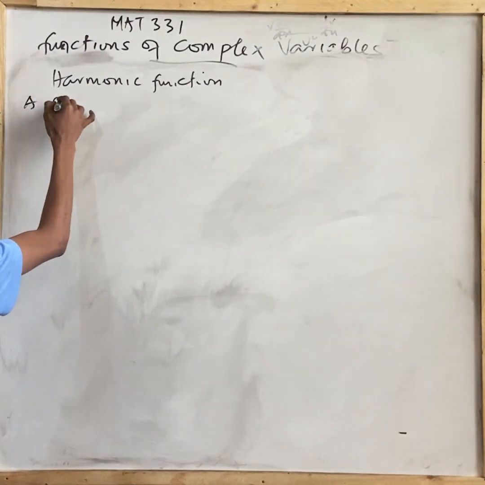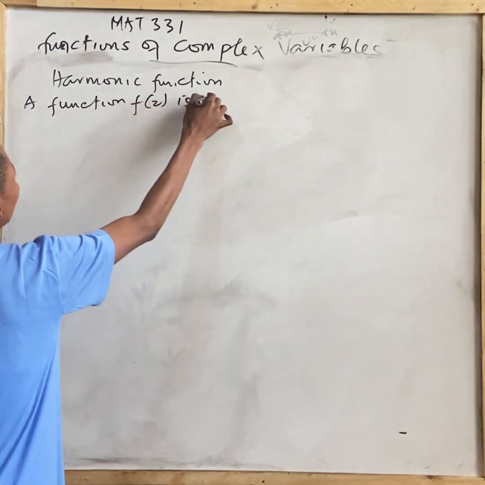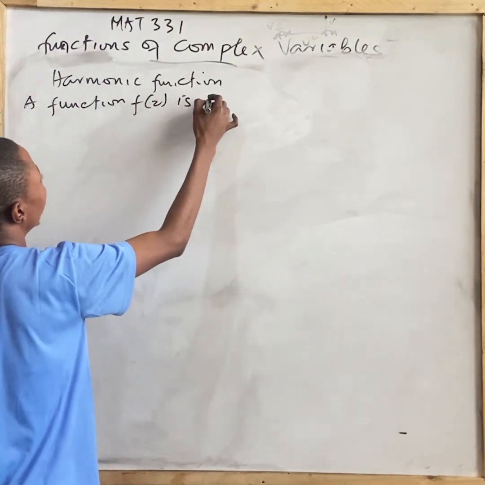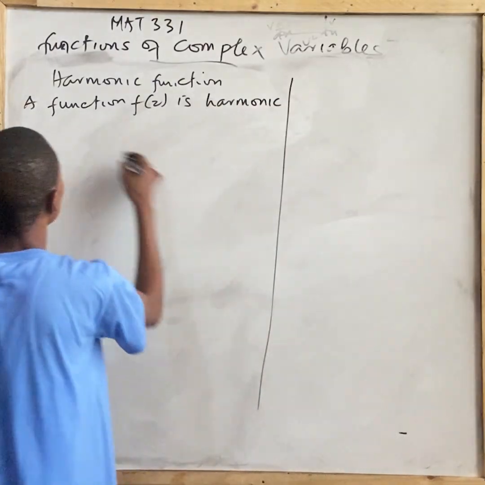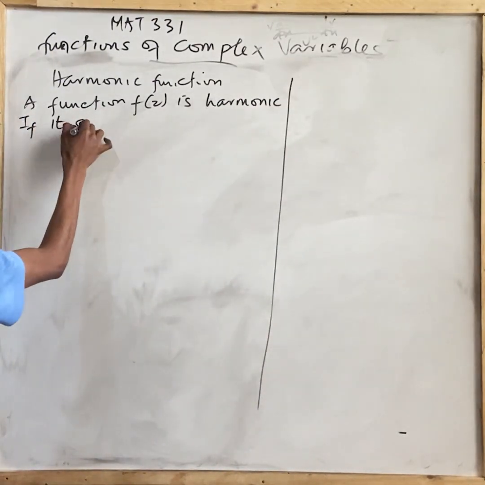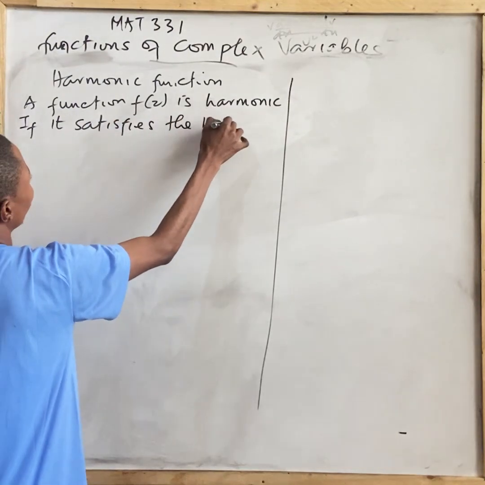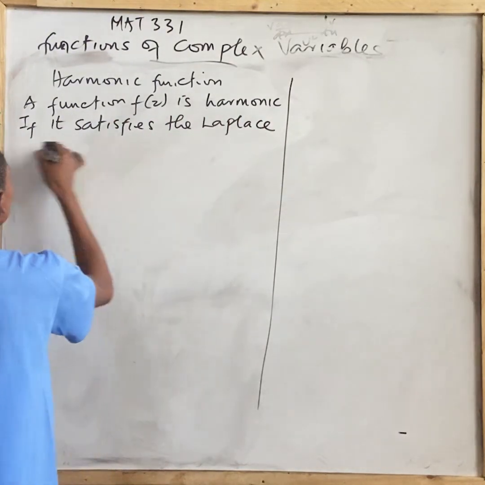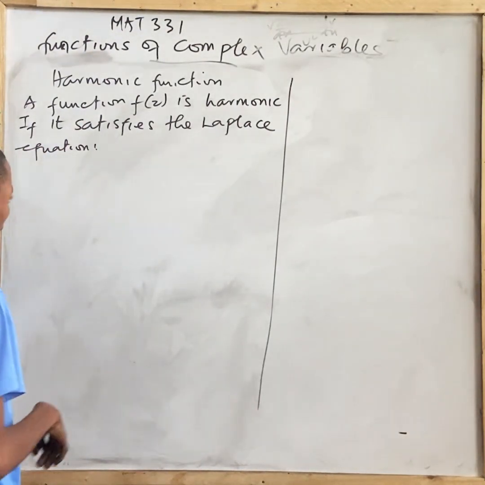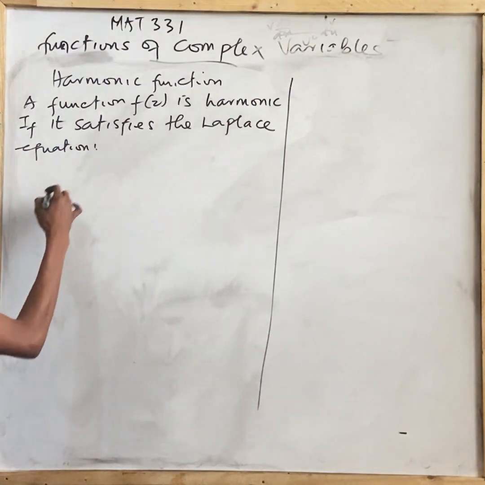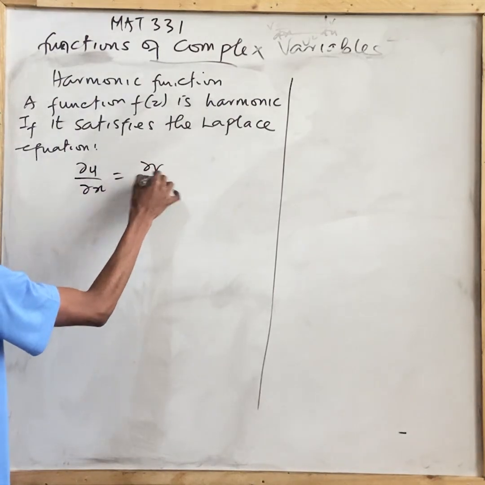A function f of z is said to be harmonic if it satisfies the Laplace equation. What is the Laplace equation? From our Cauchy-Riemann equation, we know that du dx is equal to dv dy.